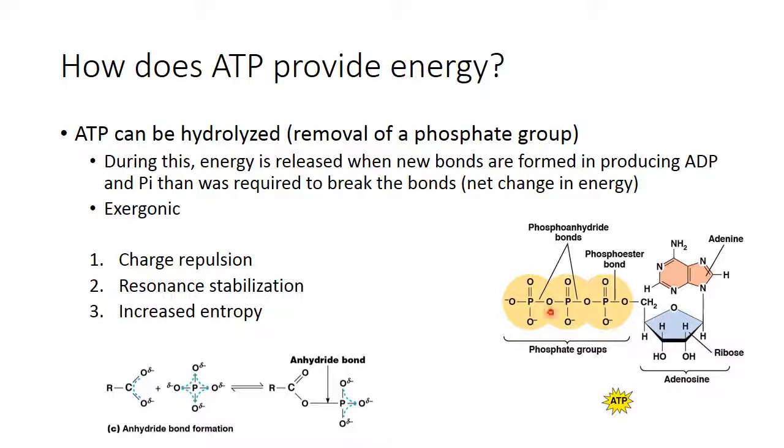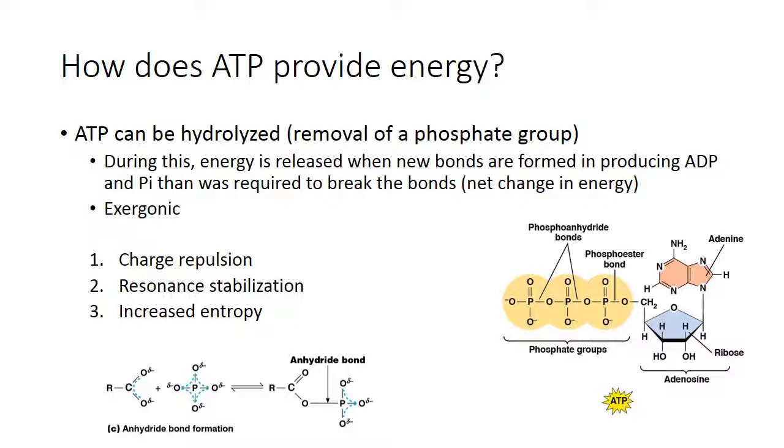When we attach it to other phosphates, like we have over here in our ATP structure, now you reduce the number of oxygens that those resonance bonds can travel around, and that actually destabilizes the molecule and makes it have higher energy. So that lack of stabilization actually gives it higher energy.